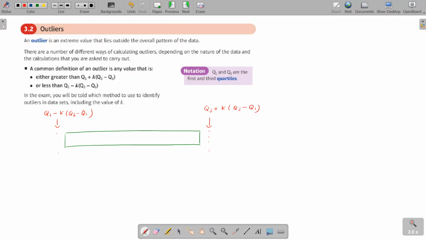If any data point is bigger than this value, it becomes an outlier. This is the outlier region. Your data values should lie between these two. Is that clear? Now we'll go for the sums.